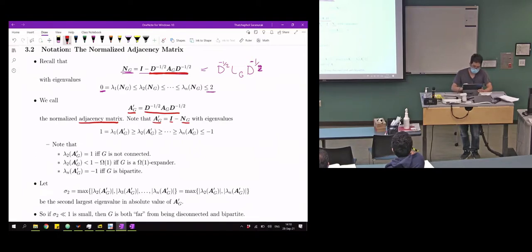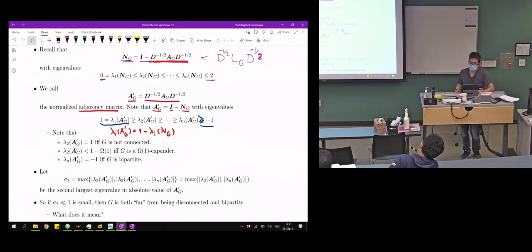Because of that, you can infer the eigenvalues of A prime: for every i, it is 1 minus the corresponding eigenvalue of N. So the eigenvalues of A prime are between 1 and minus 1.